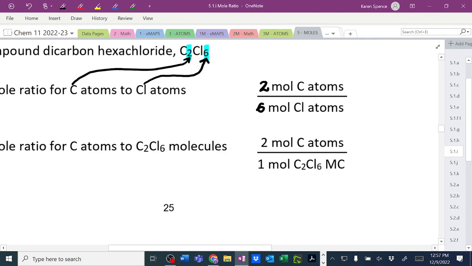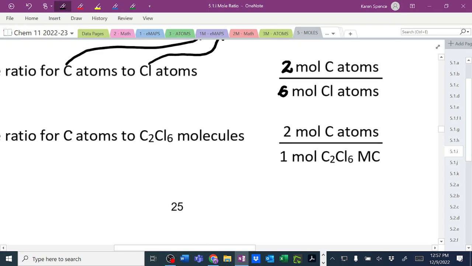We could write a ratio between carbon atoms and C2Cl6 molecules. There are 2 carbon atoms, so 2 moles of carbon atoms for every 1 mole of C2Cl6. So we're doing nothing different than we did 2 days ago. We're just putting the word mole in there for each of them.